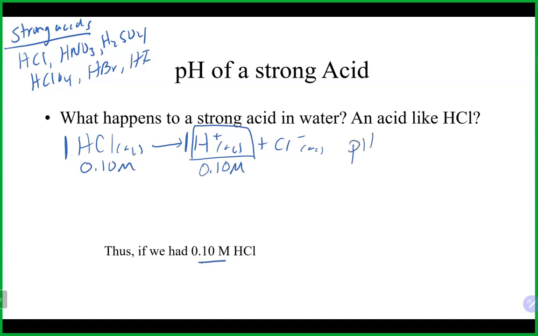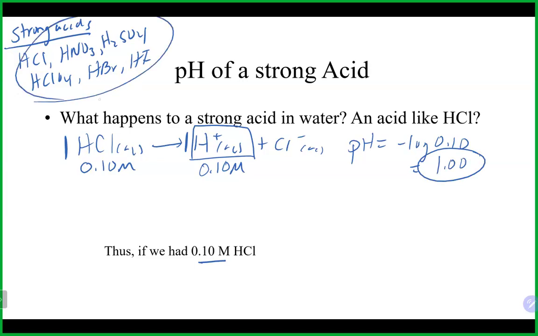The pH there is negative log of 0.1, and that's going to get us a pH of 1 here, which is acidic. So the good news about most strong acids is they are monoprotic, which means if you know the concentration of the acid itself, that essentially is the H plus concentration. So you could go right into the pH and not have to worry about it.